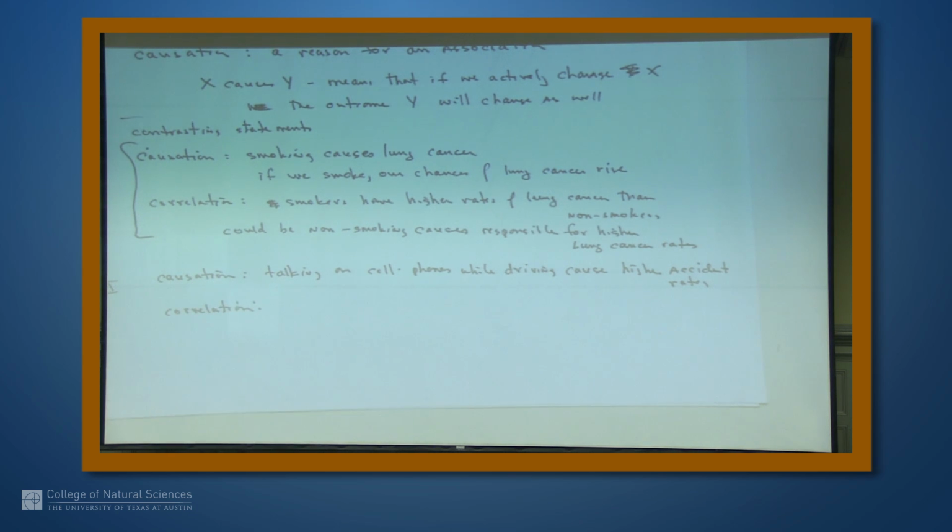What would be the equivalent statement for correlation, or the parallel, I should say, not equivalent? Higher accident rates.